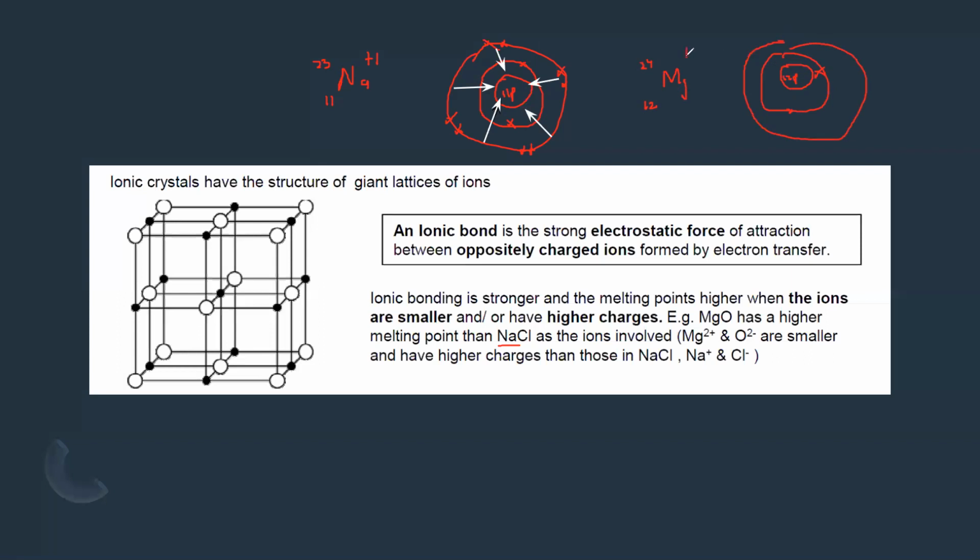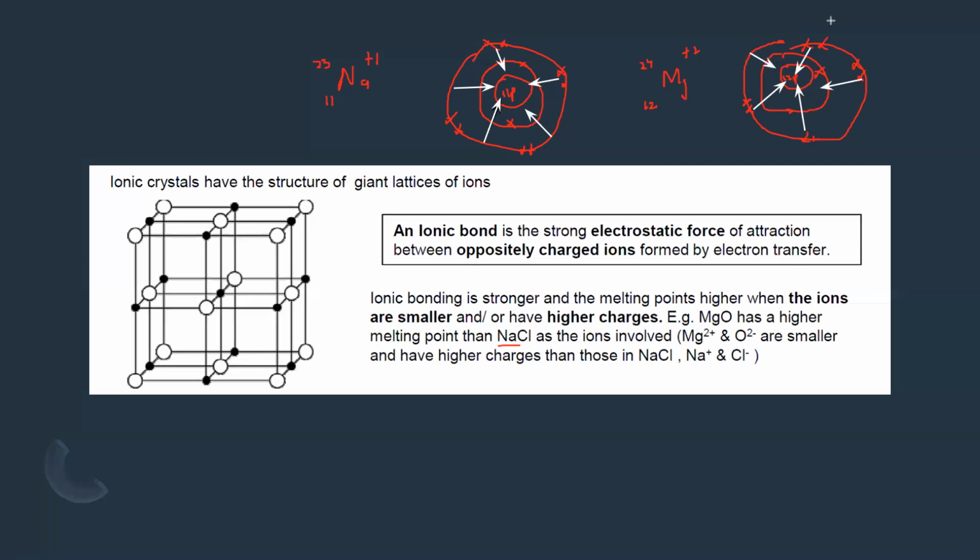But if magnesium loses those 2 electrons, there will be a magnesium ion and it will have 8 electrons in the second shell. These electrons are attracted by how many protons? 12 protons. So 12 protons are attracting these outer electrons in the second shell.